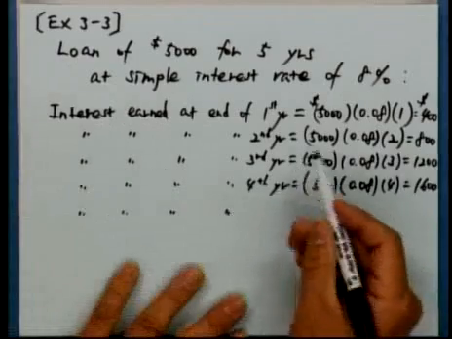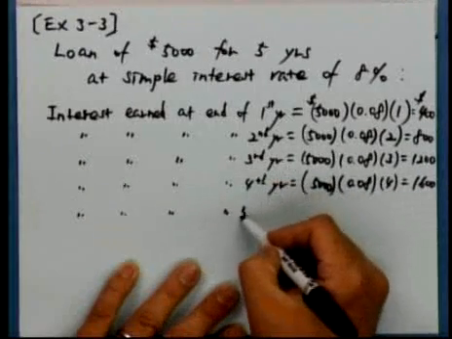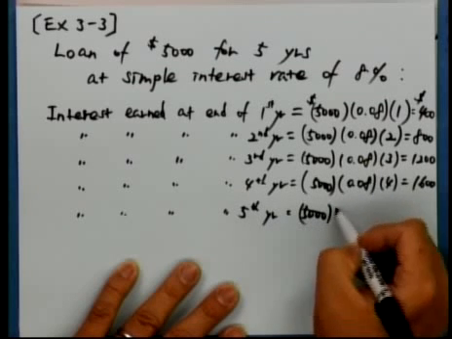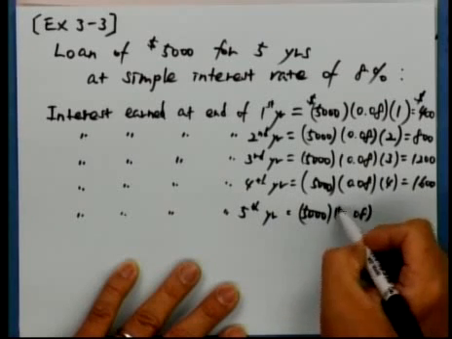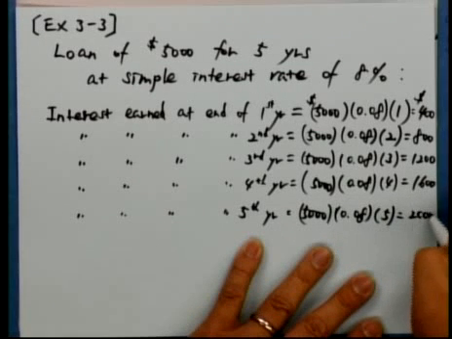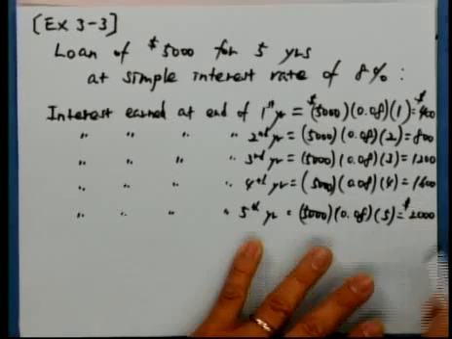And the interest earned at the end of the fifth year would be 5,000 times 0.08 times 5. That's going to be $2,000, right?